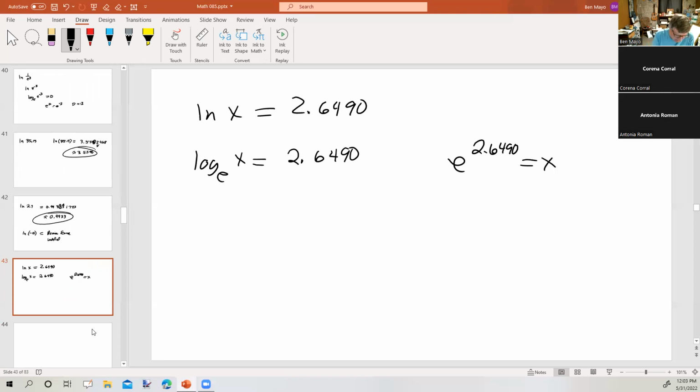We can go in, and now we're going to go second ln so that we get e to the x power, and then we're going to put in 2.6490.